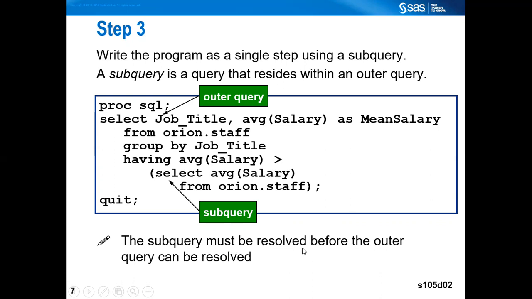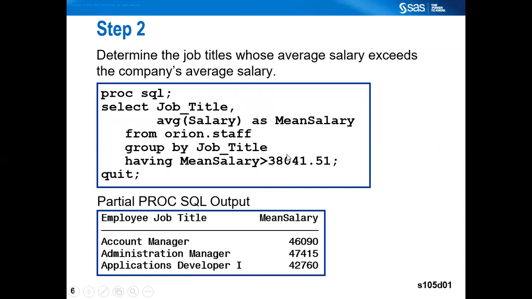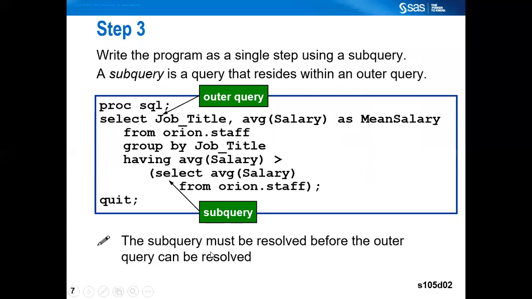Your subquery must be resolved before the outer query can be resolved. That is why your subquery will result first. It will give you this value, and then this value is available for your outer query to subset your data. Understood?